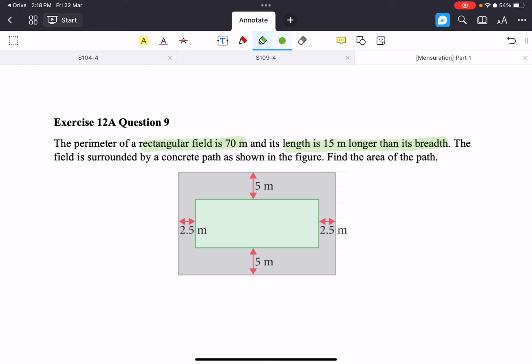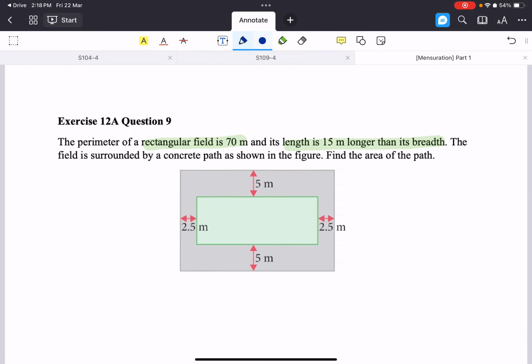Let me change my pen color. Let's use blue. I'm going to start by saying let the breadth of field be, let's just call it x meters. So it means that this length over here is going to be x.